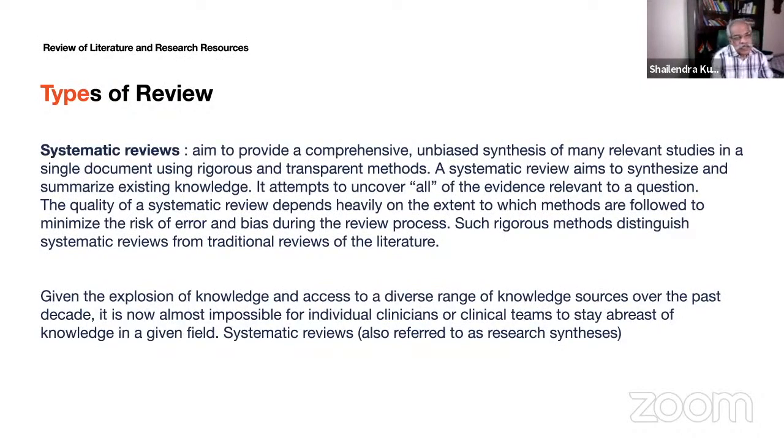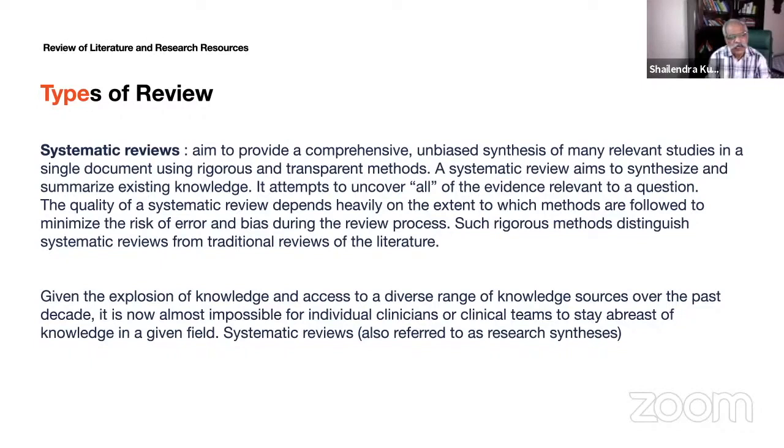Now, there are different types of review. When we say a systematic or systemic review, it aims to provide a comprehensive, unbiased synthesis of many relevant studies, with a rigorous and transparent method. It aims to synthesize and summarize the existing knowledge.